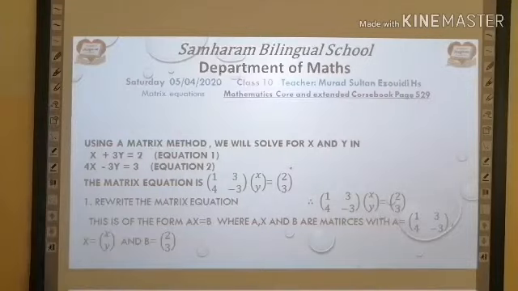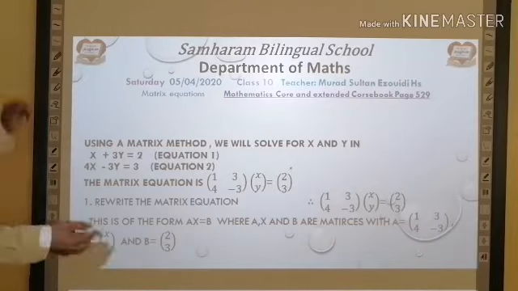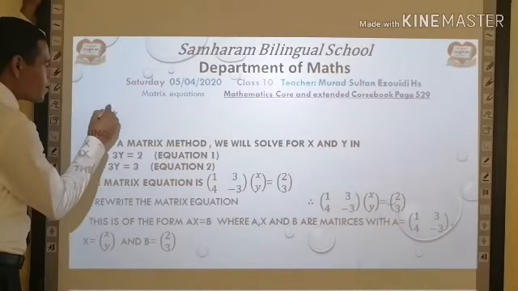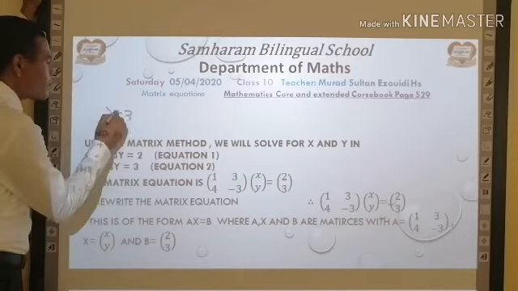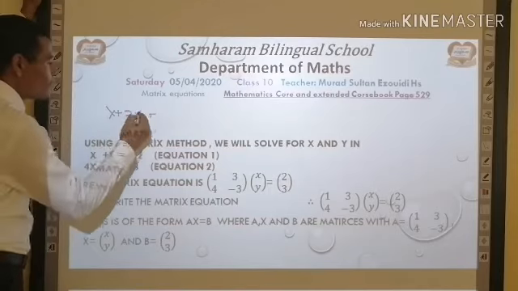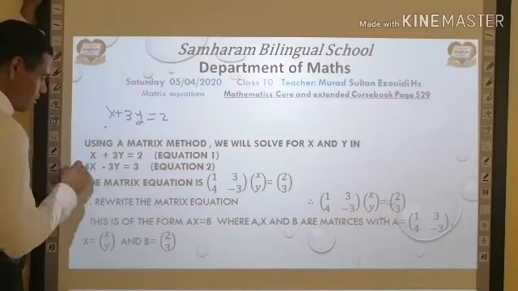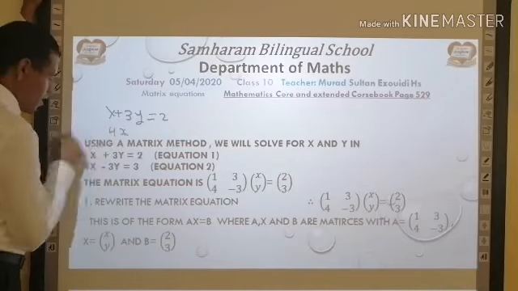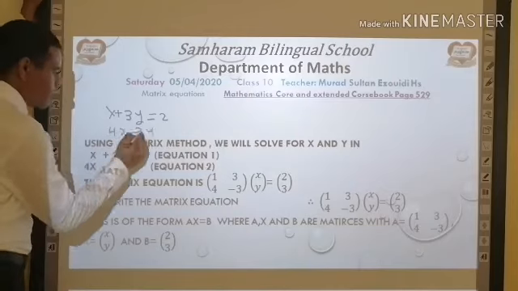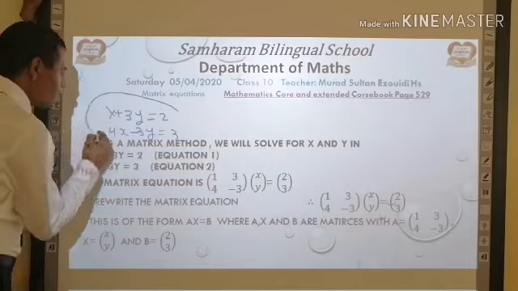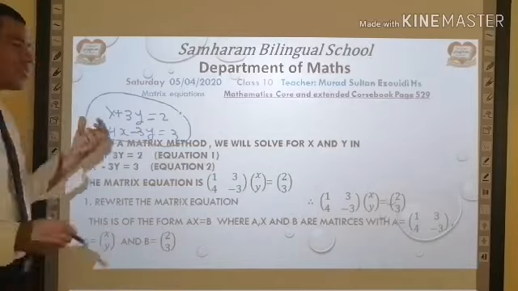So here, my kids, I will try to write x plus 3y equal to 2. Then 4x minus 3y equal 3. This is called what?